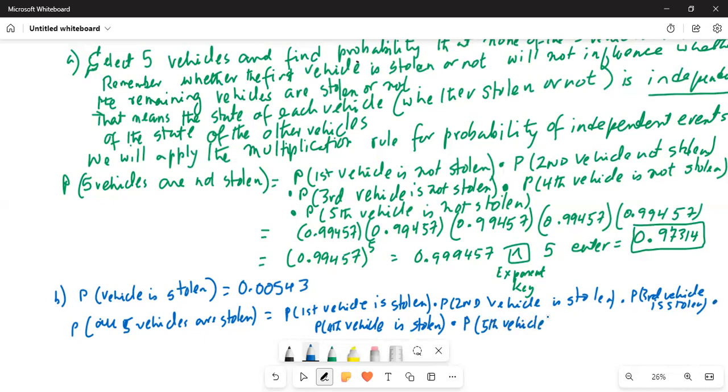And remember, they get multiplied because these are independent events. So whether the first vehicle is stolen or not will not influence whether the second vehicle is stolen or not. They're all independent of each other.